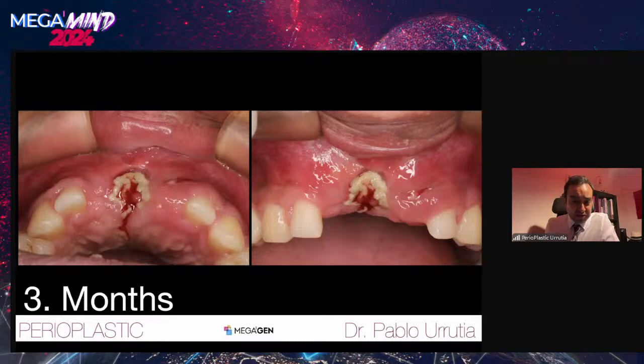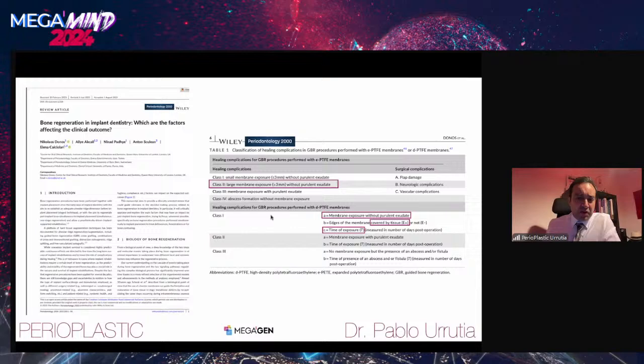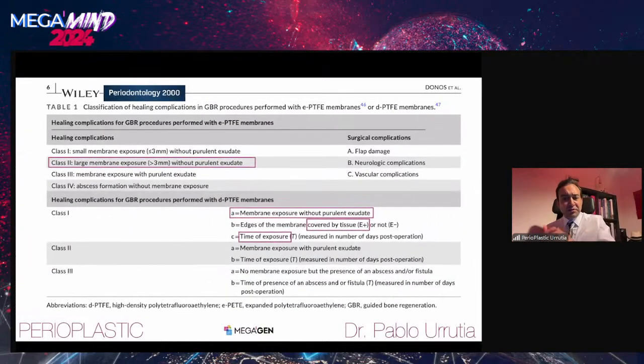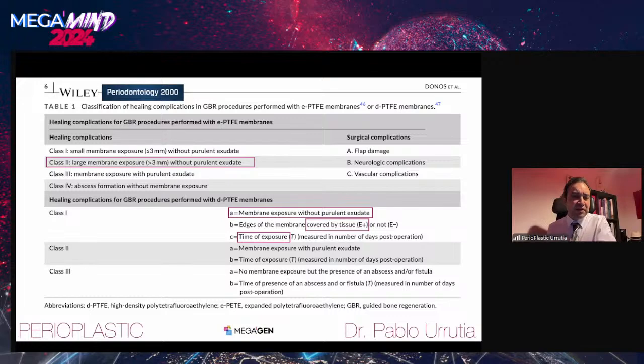So I took the case again, and we looked again with Nicolaus Donos at the class 2 exposure that we faced. The literature says that a large membrane exposure of more than 3 millimeters is a huge exposure. But the good news for me is no purulent exudate.